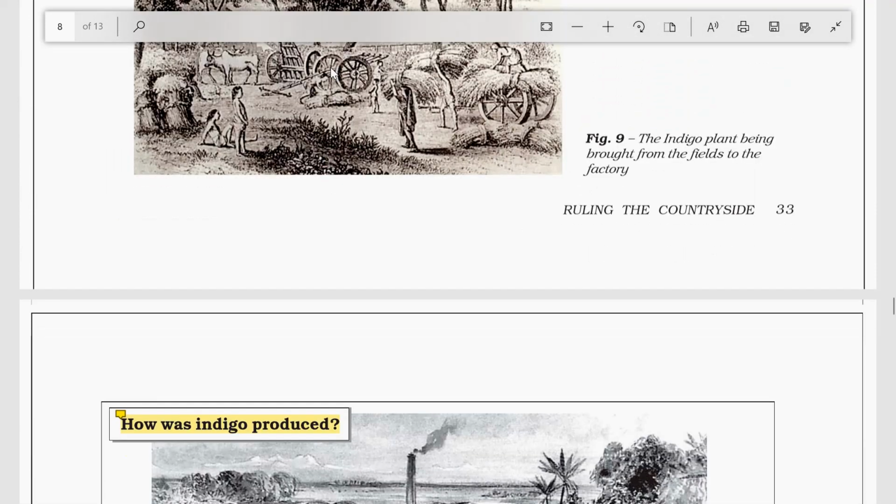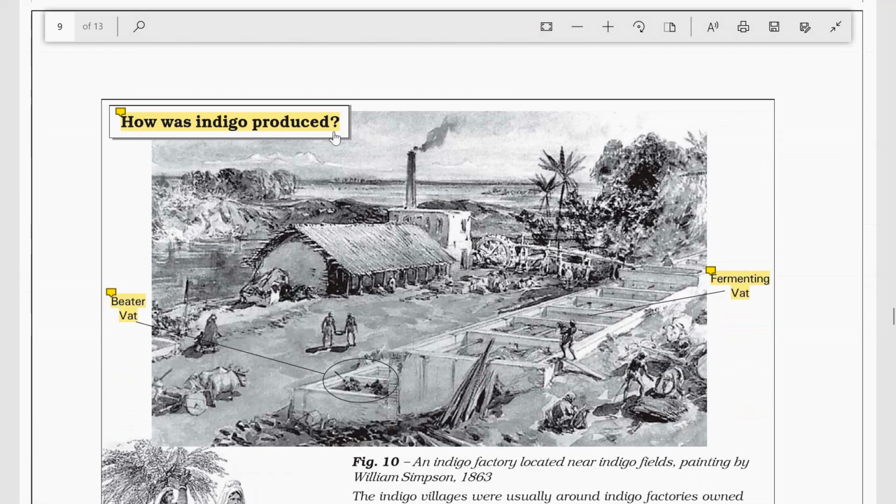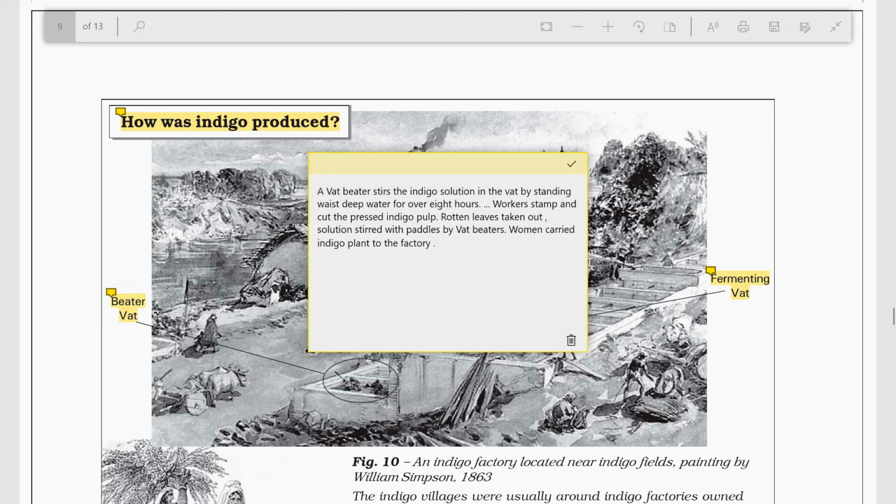How these women were carrying indigo to the factory area, and this is the factory area where the beater vat is there, the fermenting vat is there. In the beater vat, they used to beat indigo, they used to stir it in a solution for over 8 hours.